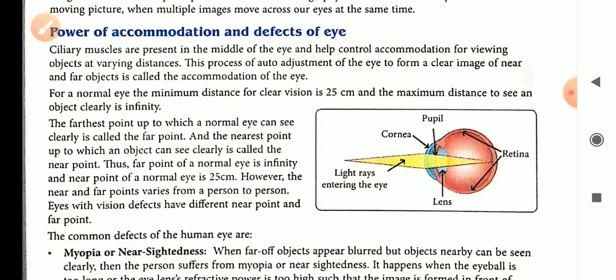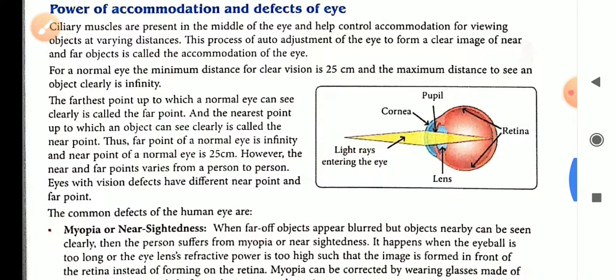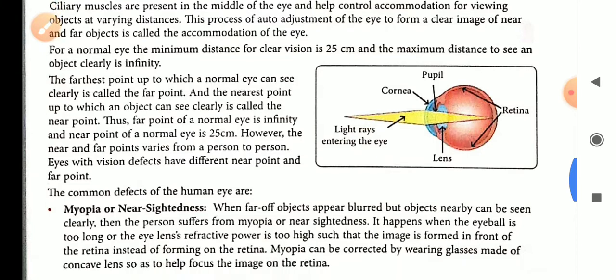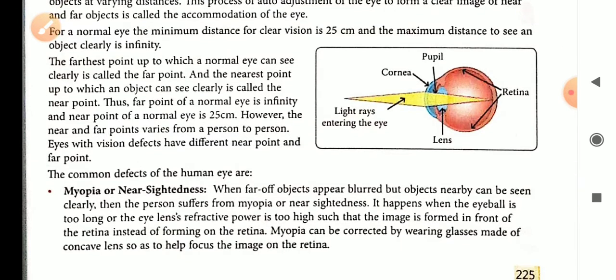The farthest point up to which a normal eye can see clearly is called the far point, and the nearest point up to which an object can be seen is called the near point. Thus, the far point of a normal eye is infinity and the near point is 25 centimeter. But these near and far points vary from person to person.